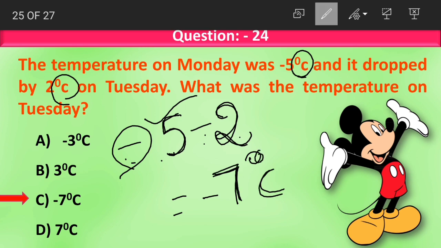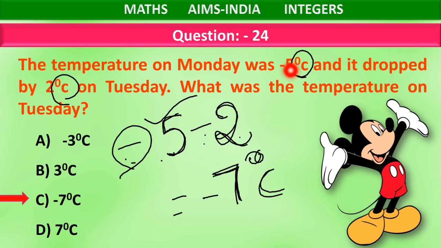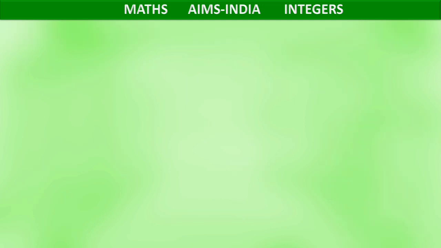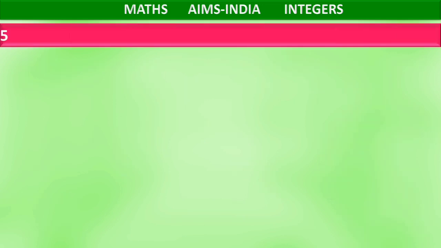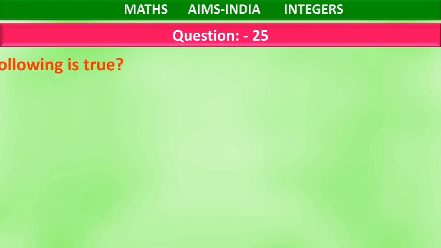The answer will be minus 7 degrees Celsius. Just like if the question was 5 kilometers and 2 kilometers, you would have written 7 kilometers. In the same way, in the question we are having the numbers in Celsius form, so the answer should also be in Celsius form.